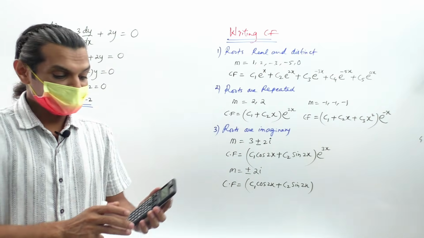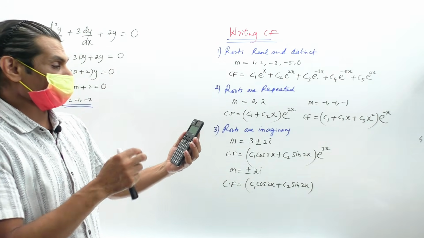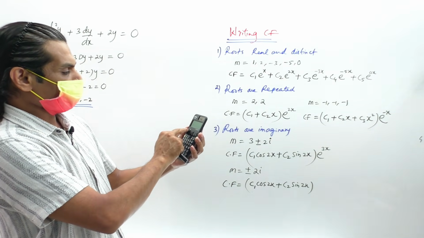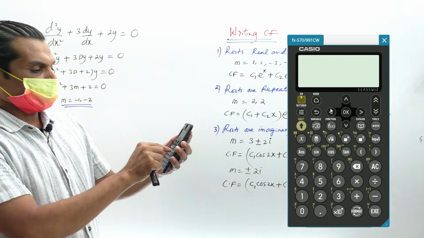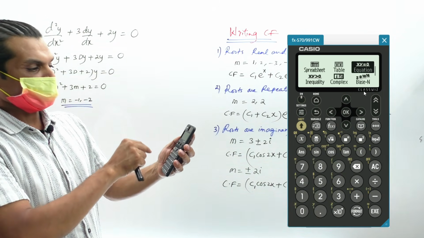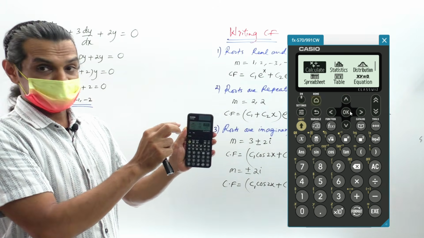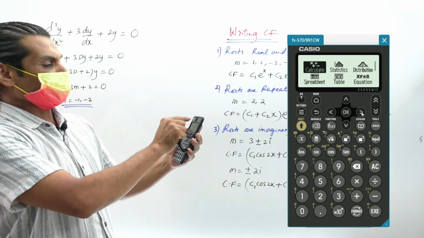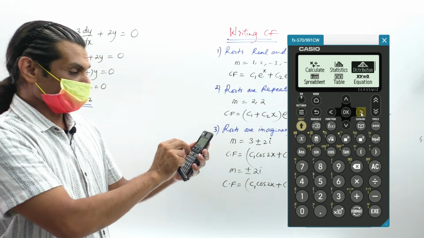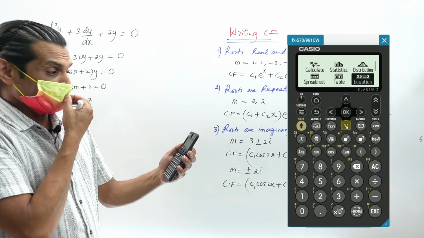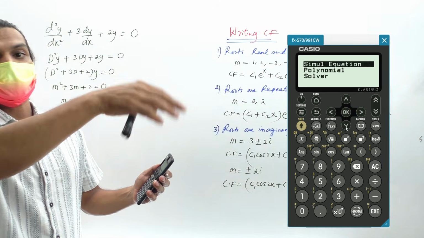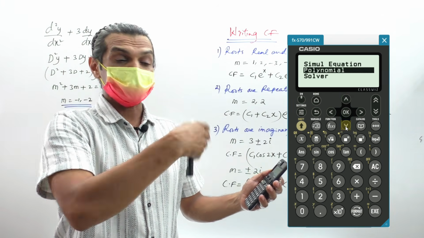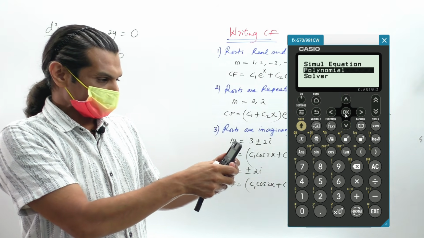Similarly, if you are using the ClassWiz 991CW, it's the same thing. First you need to press the on button. Then you need to go to home. In home you will get equation, that is spreadsheet, table, then equation, x5 is equal to 0. Press OK. Then it will ask for simultaneous or polynomial. You are solving a higher order polynomial: d square by dx square, d cube by dx cube, everything is polynomial. So select the polynomial second.